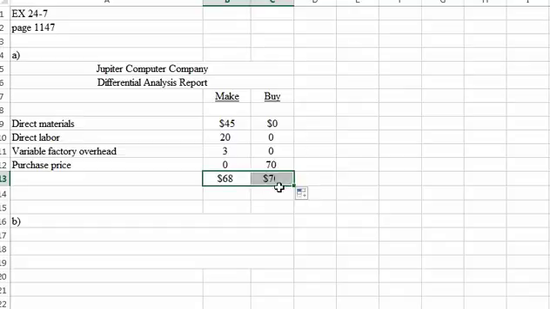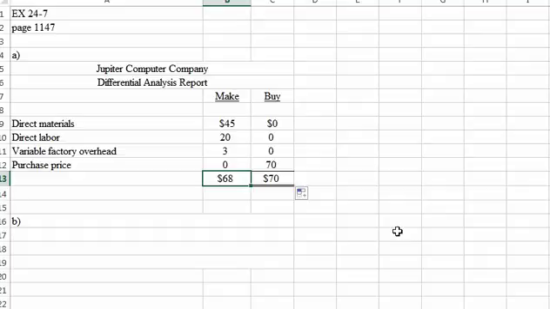Okay, now if we only look at relevant cost or differential cost, costs that will be different depending on the alternative that we choose. Remember, those fixed factory overhead costs are going to be present whether we make the carrying case in-house or whether we buy it from that outside party.